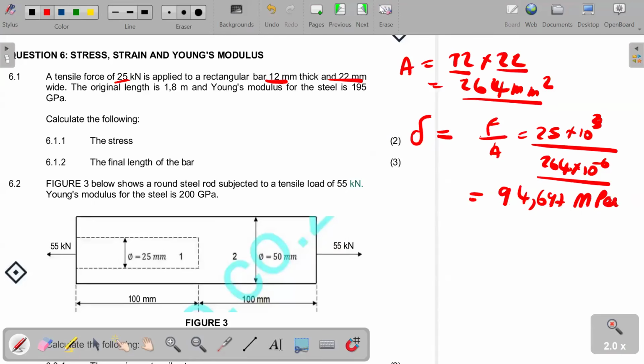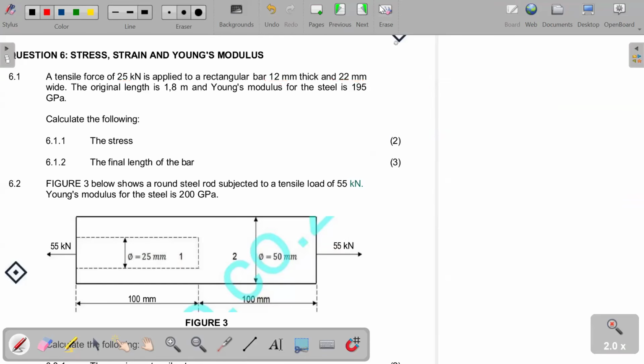Right, so in calculating the final length of the bar, first things first, we are using the formula Young's modulus is equal to stress over strain. Right, so making the strain the subject, it means stress over Young's modulus. We can find the strain.